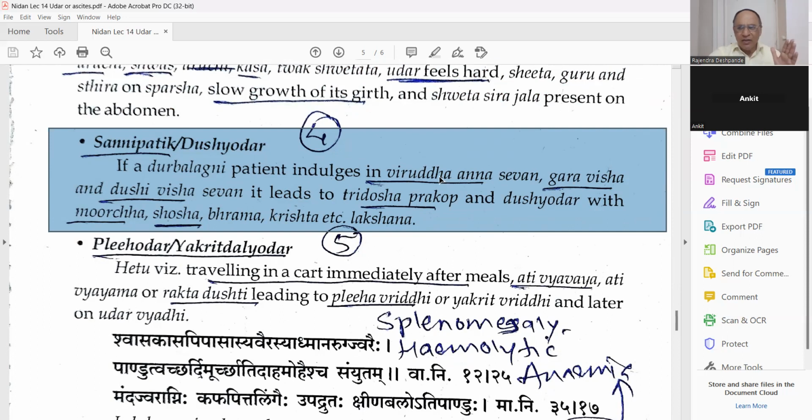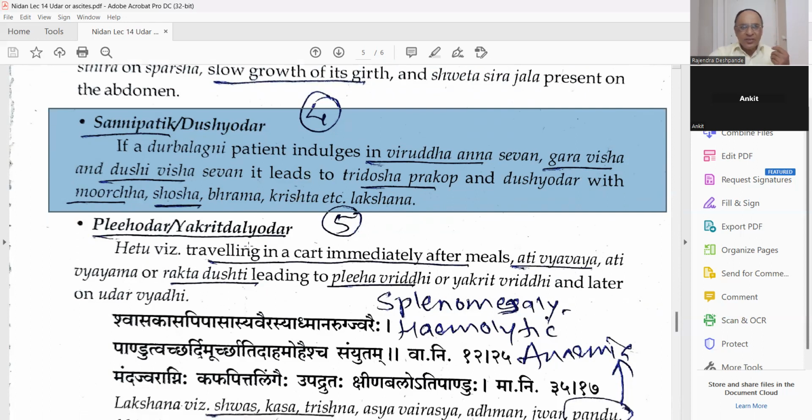Everything is Viruddha. There are 13 types of Viruddha: Desha Viruddha, Matra Viruddha, Prakriti Viruddha, etc. So you have to take care. Garavisha and Dushivisha Sevana, toxins, food poisoning, Tridosha Prakopa will be there, and there will be Murcha, unconsciousness, Shosha, dryness, weight loss, and Brahma.